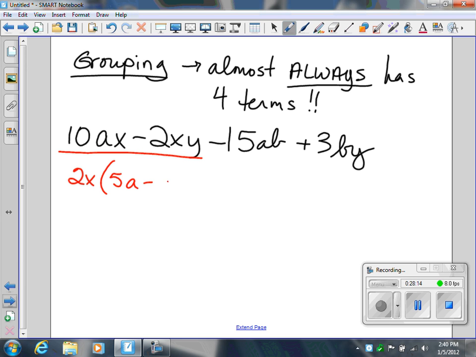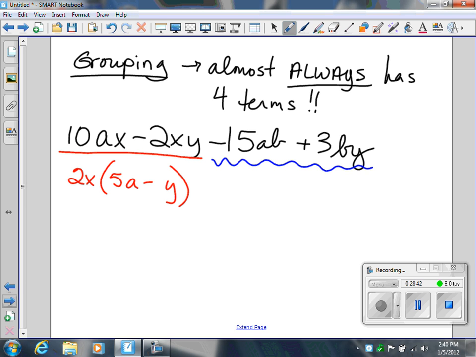Right on. Now we're going to worry about the last 2 terms. What's the GCF of negative 15ab plus 3by? Is it going to be a negative 3 or a positive 3? We kind of have to just see. We want to end up having a negative in our quantity, okay?